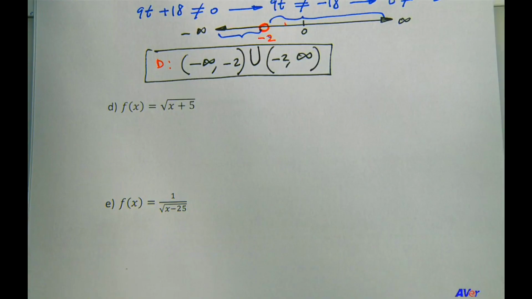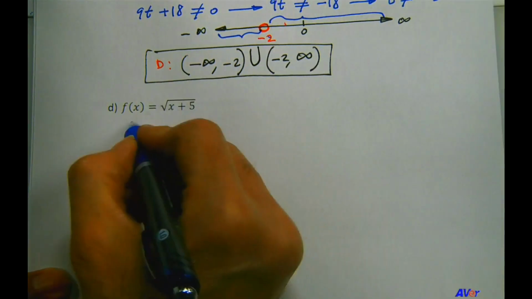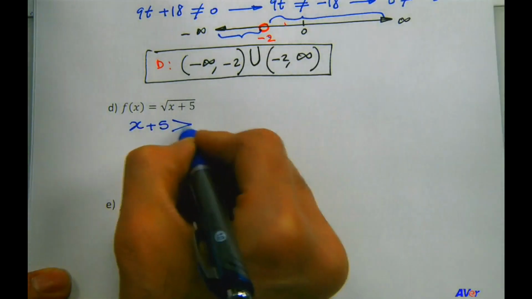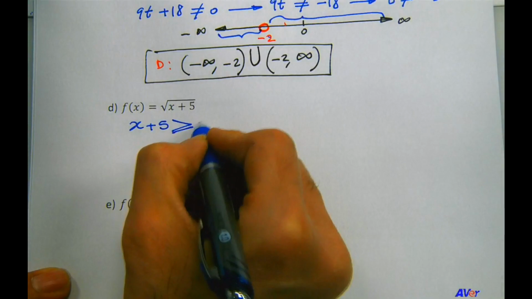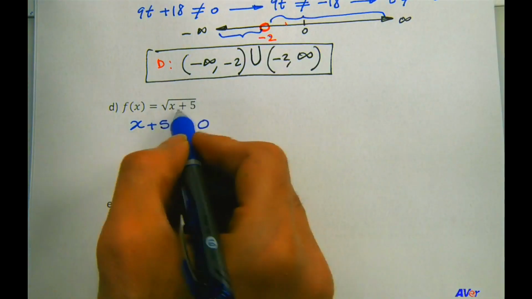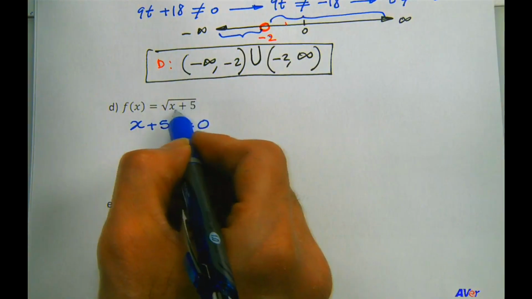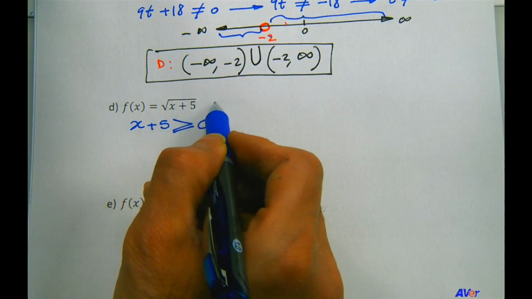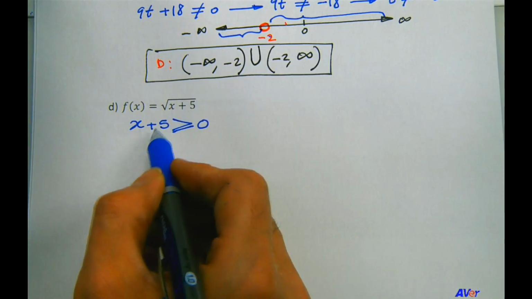How can we solve for that? Very easily. We can take the x plus 5 and set it to an inequality, greater than or equal to 0, and solve for this inequality. What I just said, that x plus 5 can never be negative, it can only be 0 or anything greater than 0, I've now set up in this inequality.